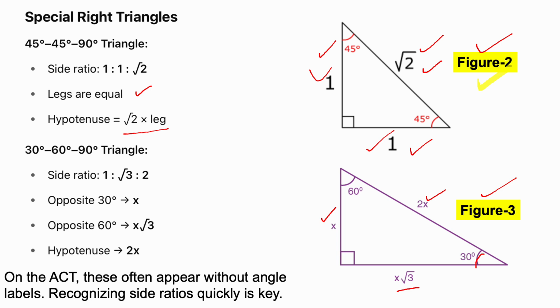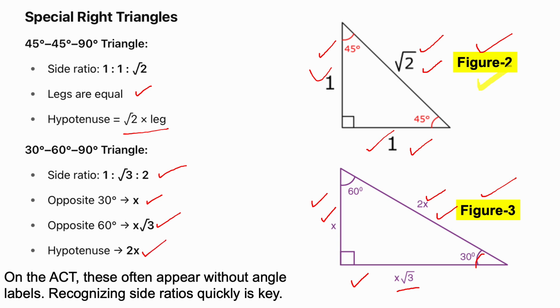So, the side ratio is 1, root 3, 2: opposite to 30 is x, opposite to 60 is x root 3, and hypotenuse is 2x.